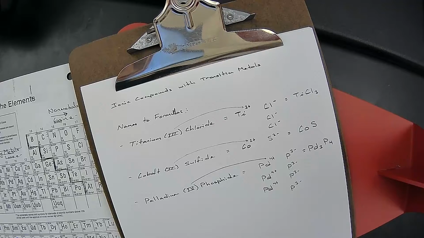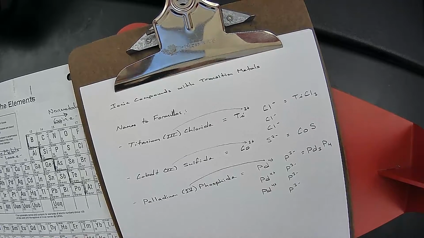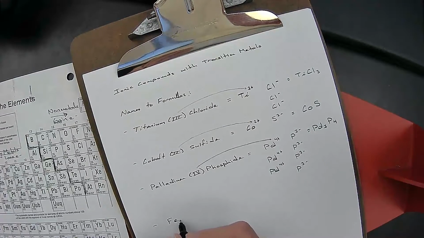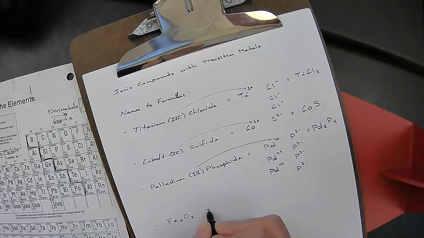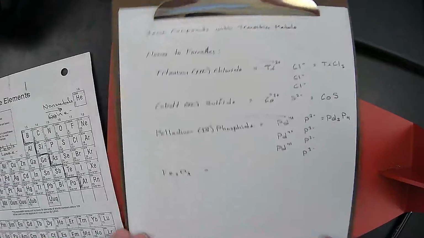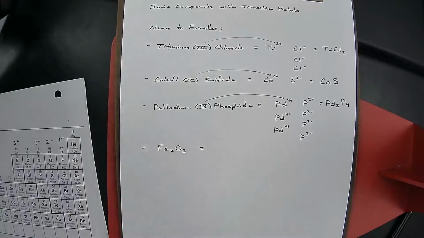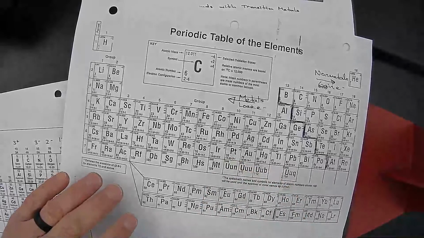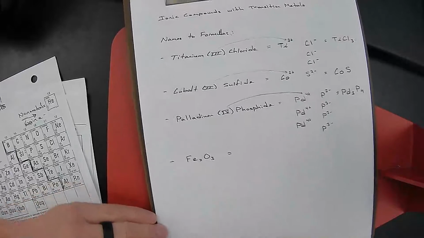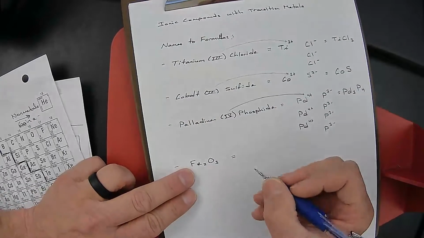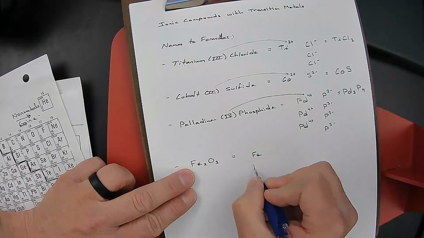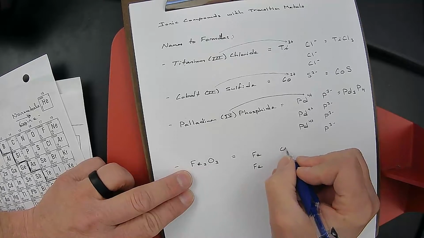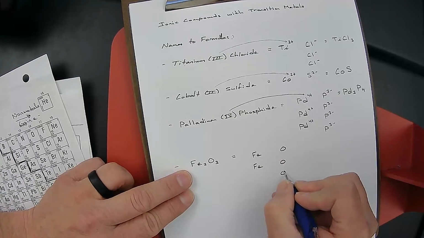Then, for the transition metals moving from the formula to the name, let's look at a couple of examples. Let's say that I've got Fe2O3. When I go look up Fe on the periodic table, it can be a 2+ or a 3+. I need to figure out which one it is. Well, Fe2 is Fe and Fe, 2 Fe's. 3 O's, so we go 1, 2, 3.